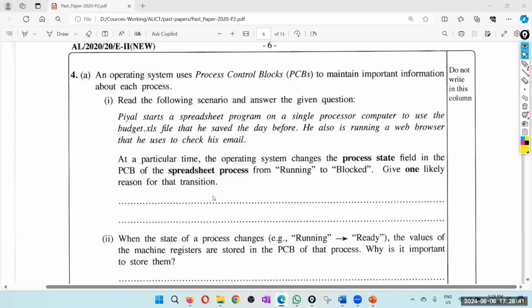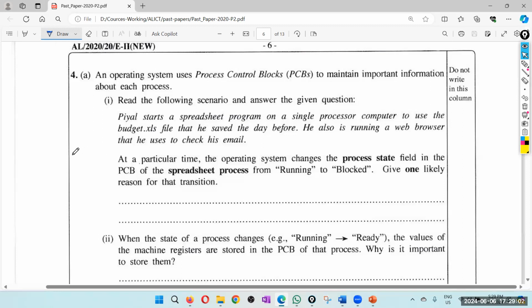Okay, so let's do this. An operating system uses process control blocks. Remember we discussed PCBs last week, to maintain important information about each process. So what is the use of a process control block? The running processes are given time slots, right?